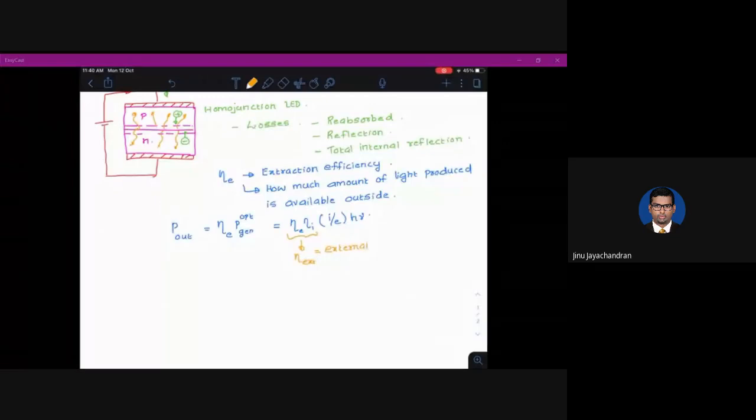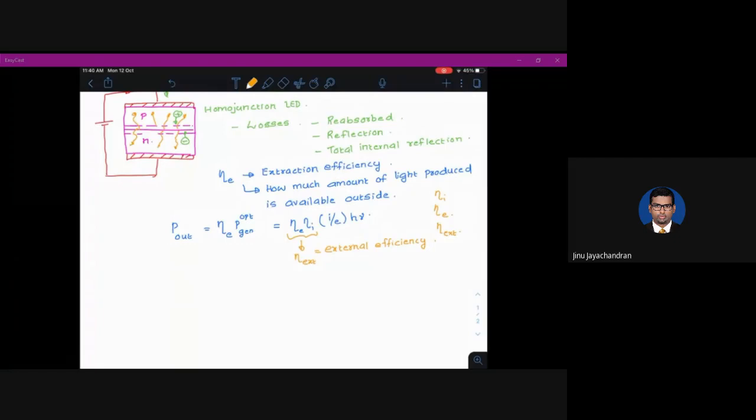So we have three types of efficiencies. First one is eta I, the radiative recombination efficiency, eta E, which is the extraction efficiency, and eta external, which is the external efficiency. So the external efficiency will determine how much amount of light produced inside the semiconductor is available for you.